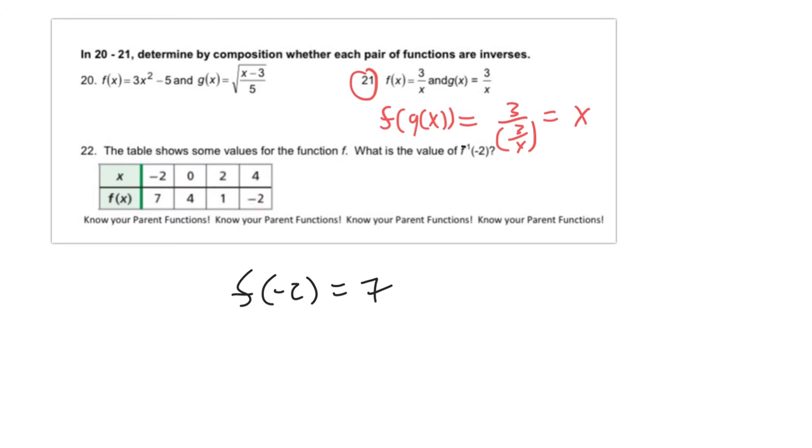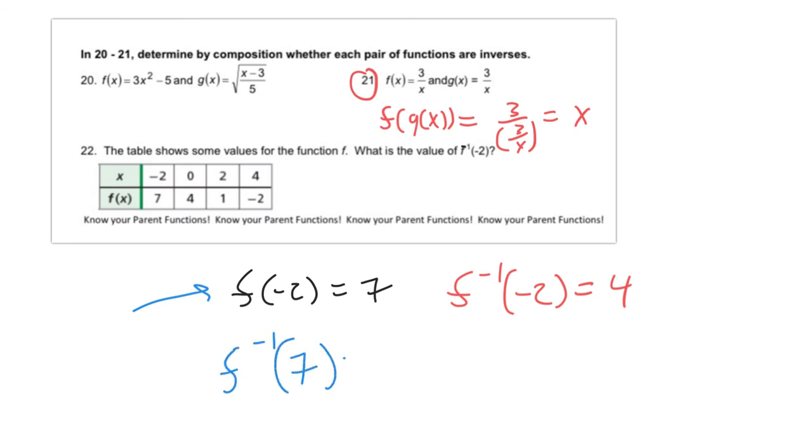So this would be 4. Okay, f inverse of negative 2 is equal to 4. And for the record, based purely off of this information, the inverse function of 7 is negative 2.